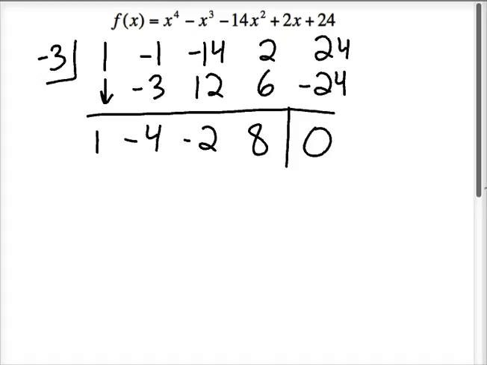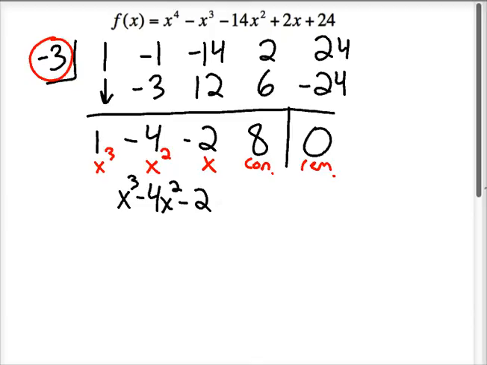All right. So negative 3 is one of my solutions. And what I've done is now I've made a reduced polynomial. I have a cubic left after pulling out that negative 3. So now I have x cubed minus 4x squared minus 2x plus 8.